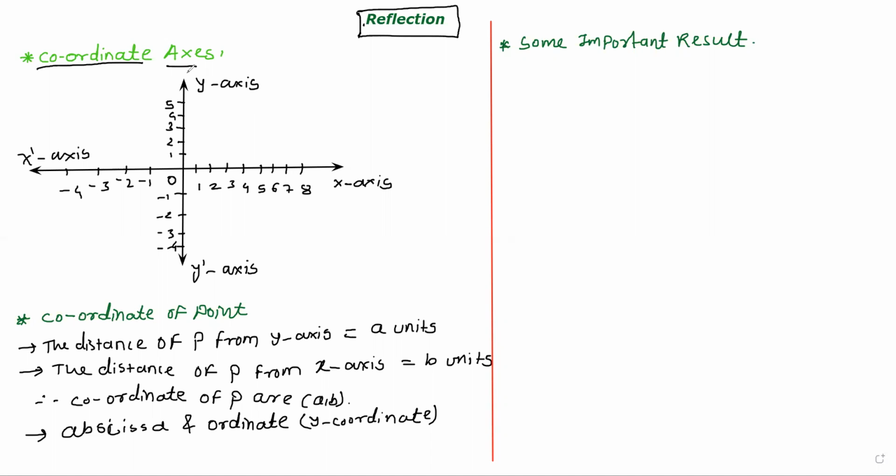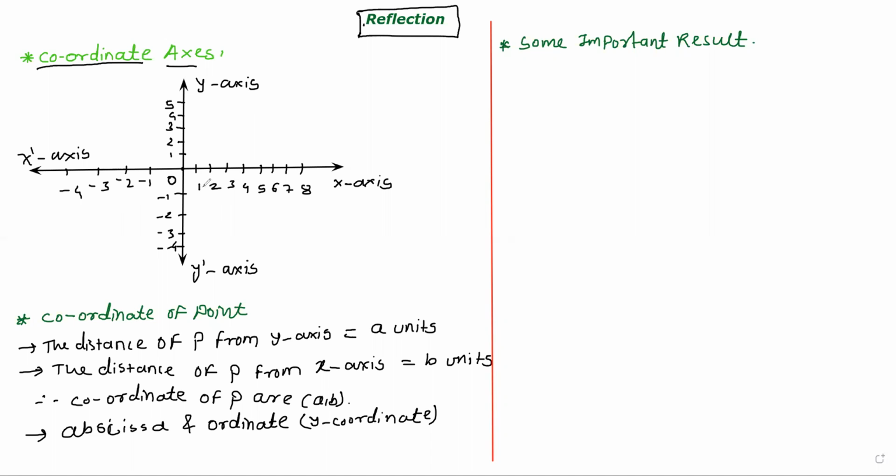Basically, consider two lines intersecting at one point. This point is called the origin. From the origin, there are four directions: upward, downward, left and right.